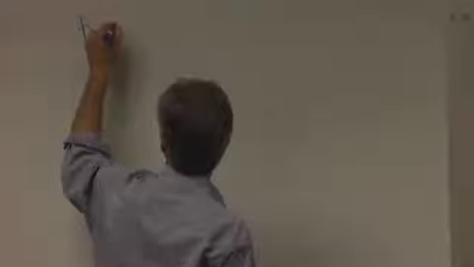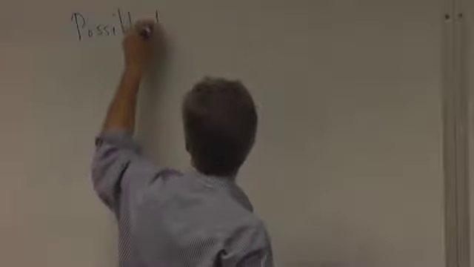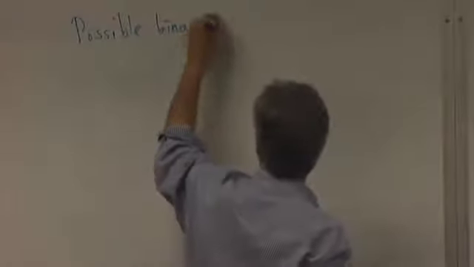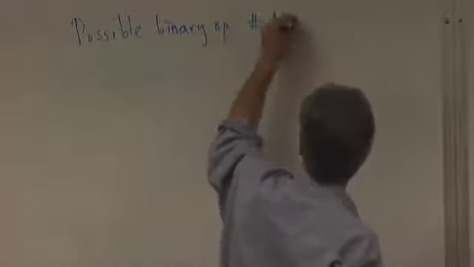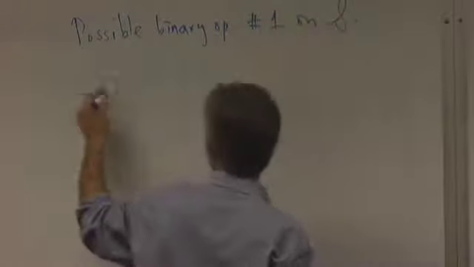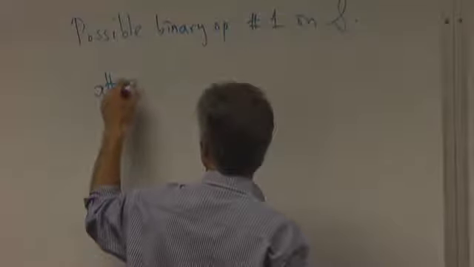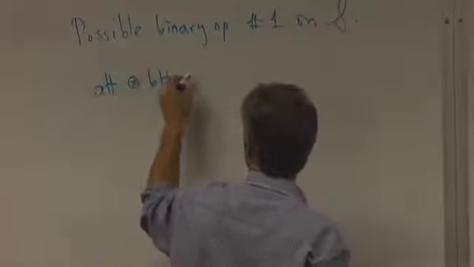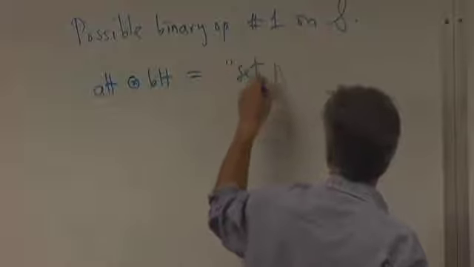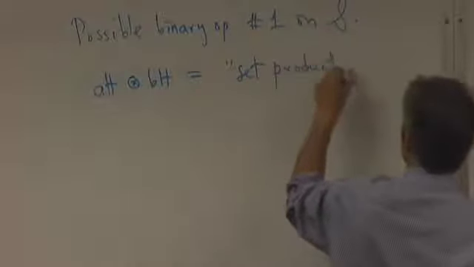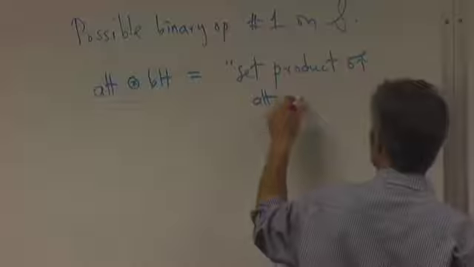unfortunately. Okay. So here's possibility one for defining a binary operation on script S. Possible binary operation number one on script S. Define aH star with a circle bH to equal, I'm going to call it, the set product of aH with bH.